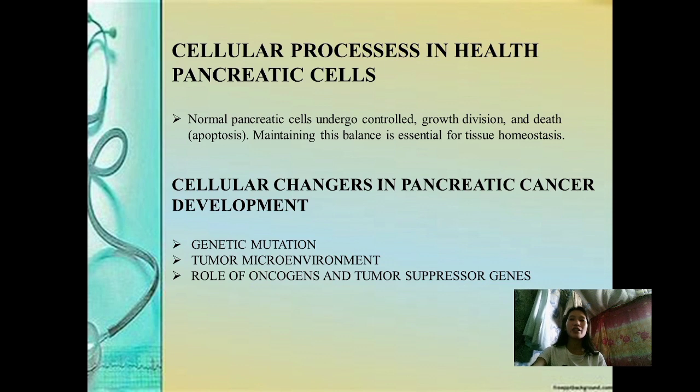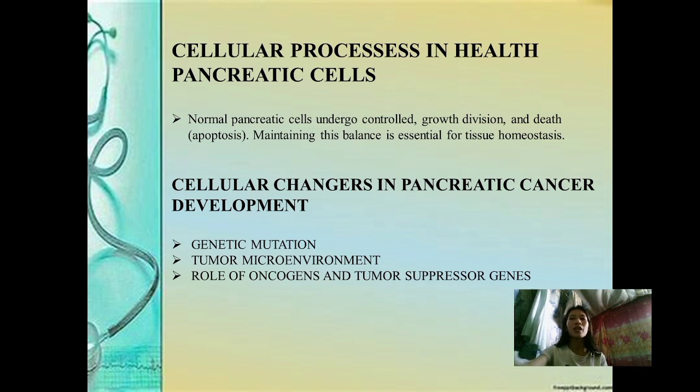Pancreatic cancer cells interact dynamically with these components. They might stimulate nearby cells to create an environment that supports tumor growth or suppresses the system's ability to attack the cancer cells. Additionally, these interactions can promote the formation of new blood vessels, or angiogenesis, to supply the tumor with nutrients and oxygen, aiding its growth.